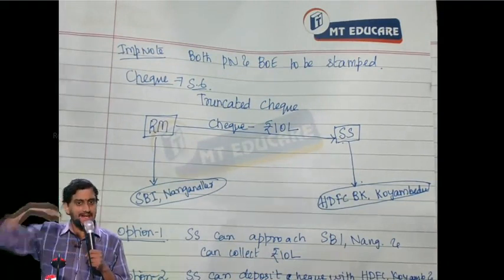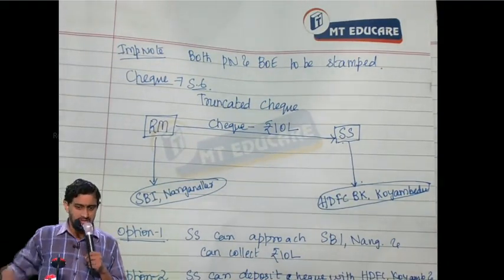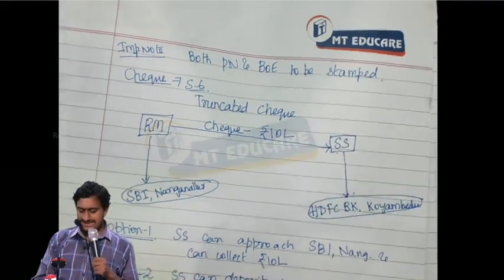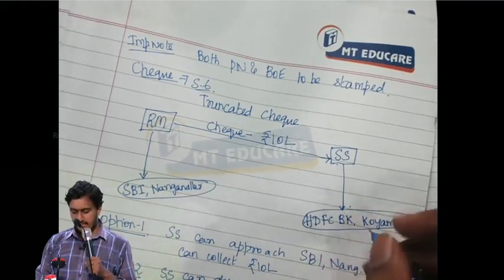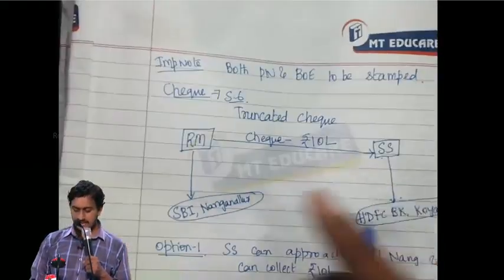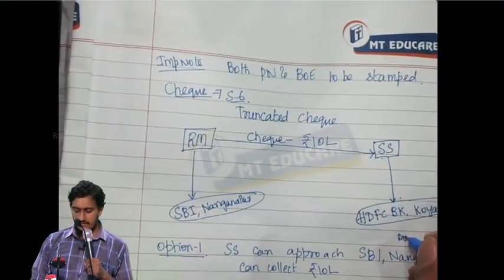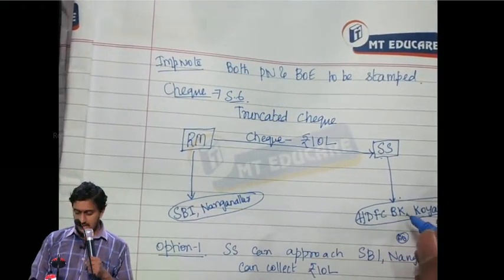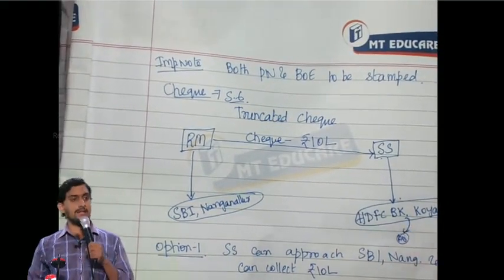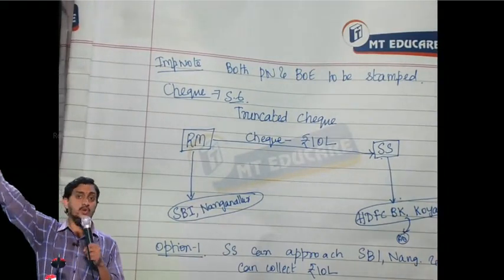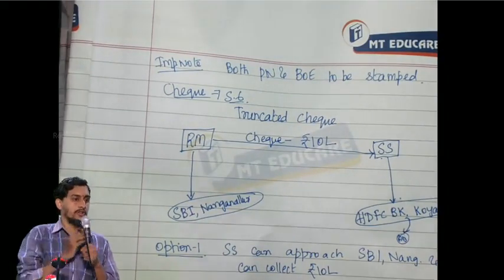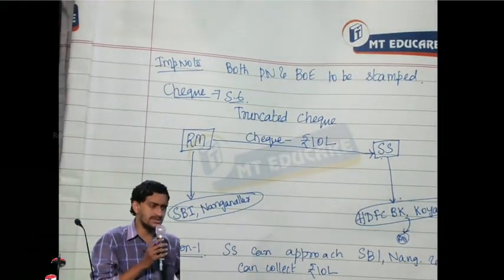One bank can have an account with another bank, no? Suppose HDFC Bank is having an account with Andhra Bank. So HDFC Bank is again giving this check to Andhra Bank, saying, Andhra Bank, you put it for collection and get the amount for me. Possible or not possible? Possible.